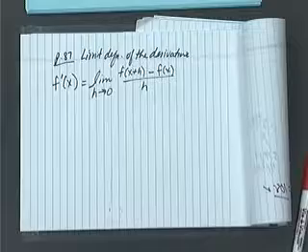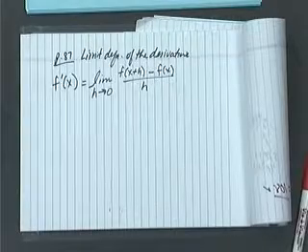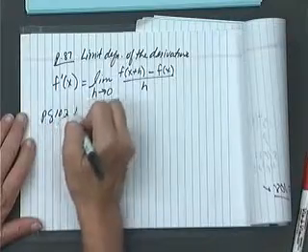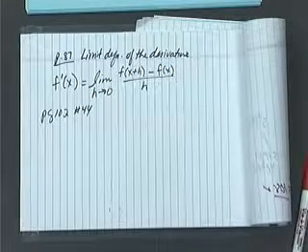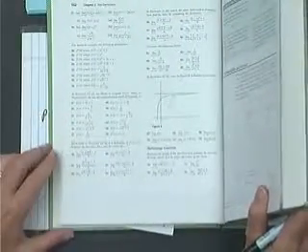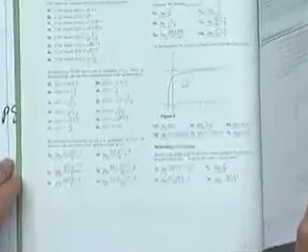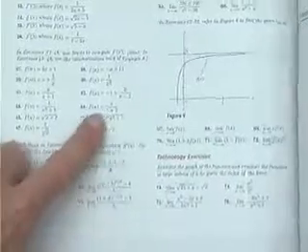All right, so I am on page 102. And we're first going to look at problem number 44. This is page 102, number 44. I try to refer to the book a lot so you know that I really am following a book.